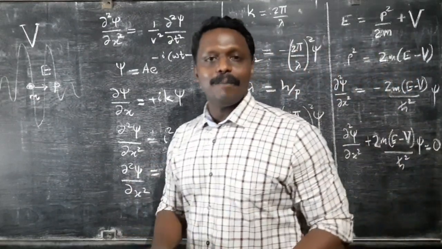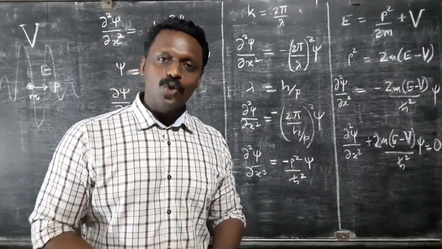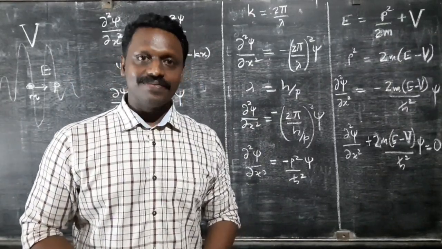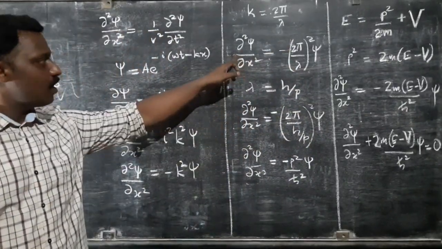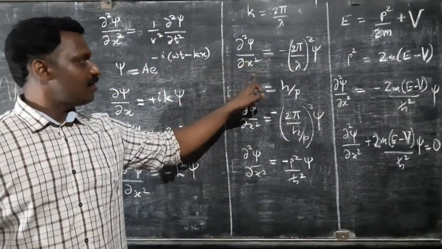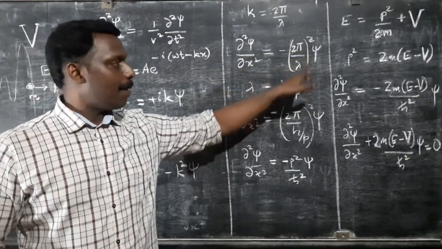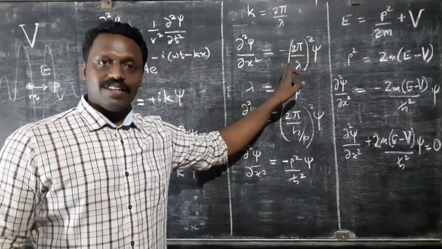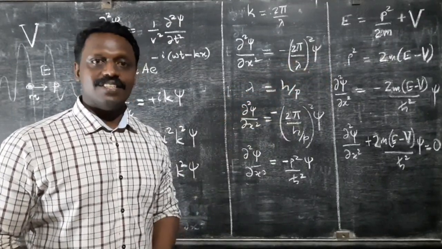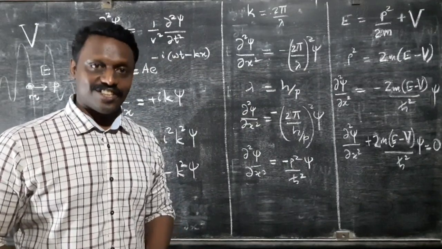Now, k being the propagation constant can be expressed as 2π/λ, so that this equation will be modified as ∂²ξ/∂x² = -(2π/λ)²ξ. Lambda, the wavelength, can be expressed as h/p, where p is the linear momentum and h is the Planck's constant.